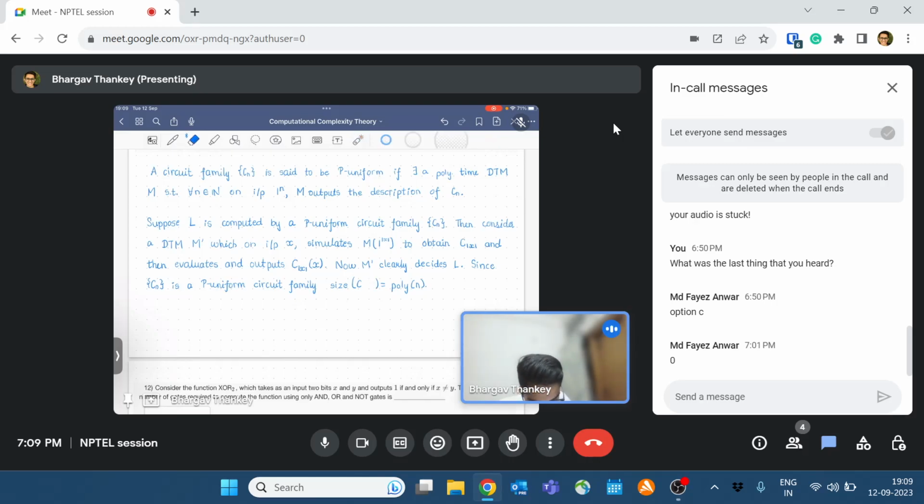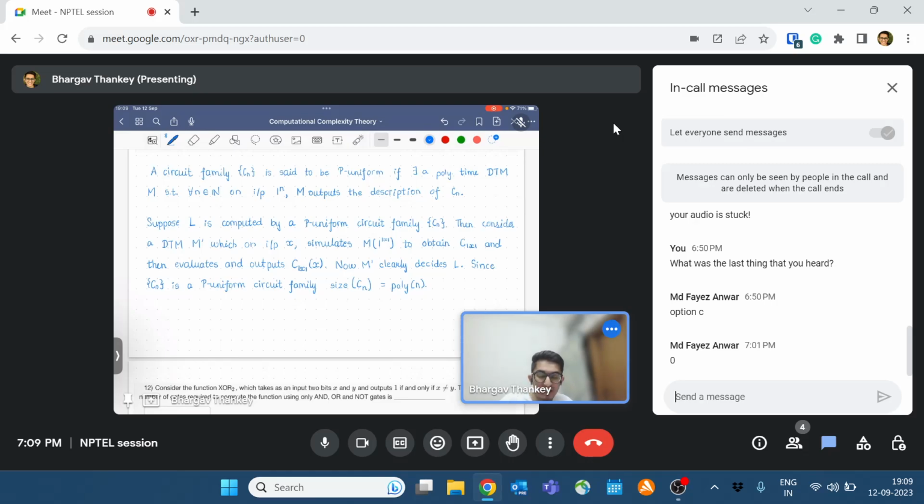Oh, sorry, I should write Cn over here like this. Yeah, and since M outputs Cn, if the running time of M is poly n, it can only output poly n many bits, right? So the size of a description of Cn is poly n bits, and so the size of Cn itself is poly n.